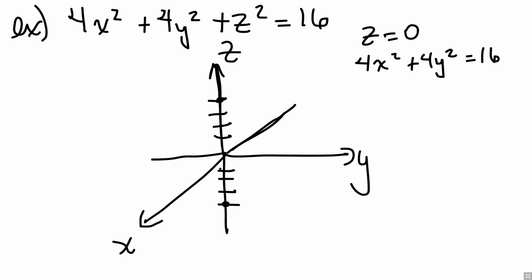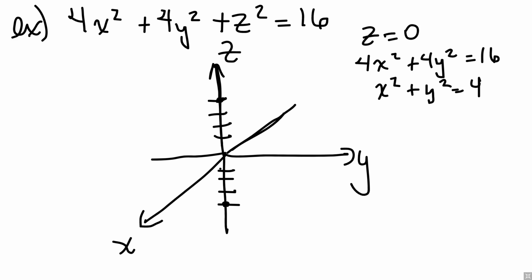So really, what am I dealing with here? What is this an equation of? Yeah, it's an equation of a circle because we can divide everything by 4. So we're going to end up with x squared plus y squared is equal to 4.